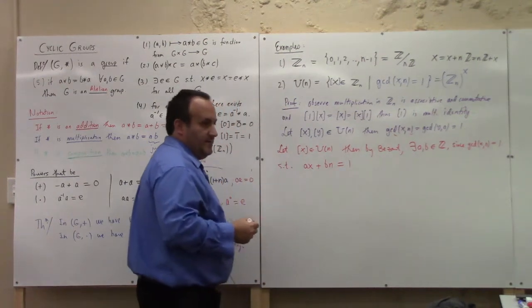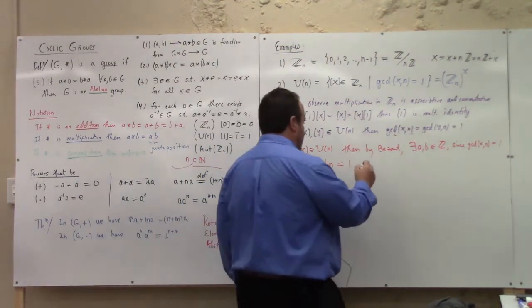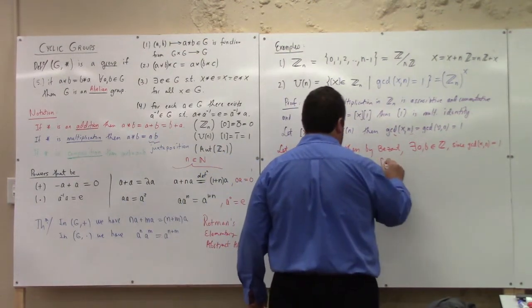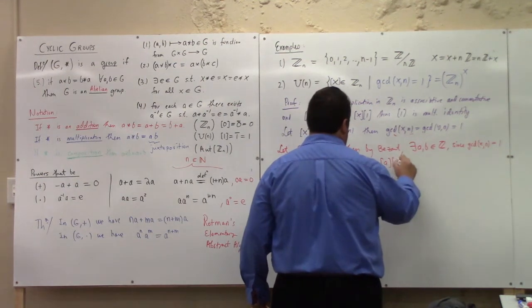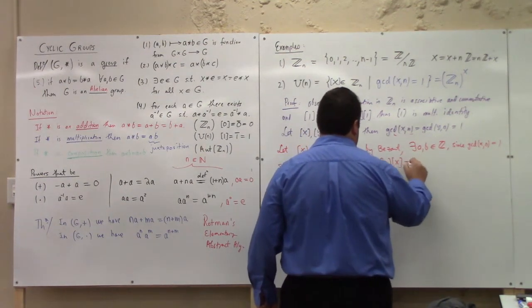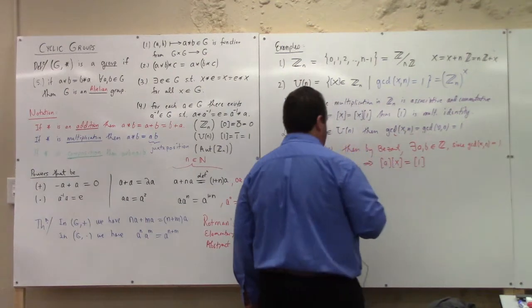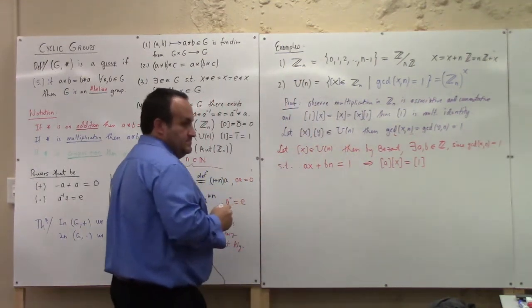But this implies that the equivalence class of a times the equivalence class of x is equal to the equivalence class of 1.